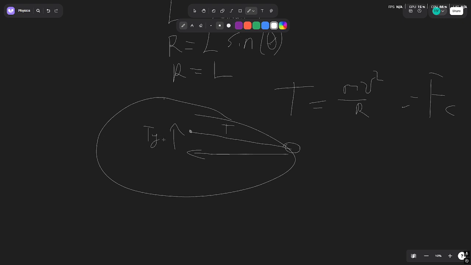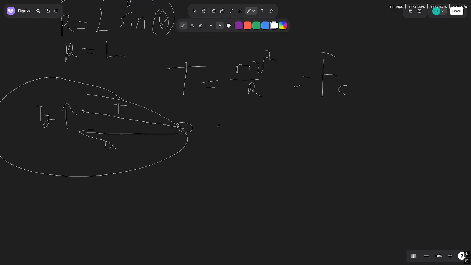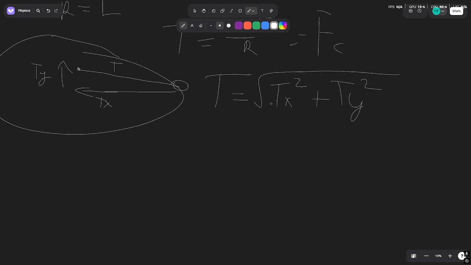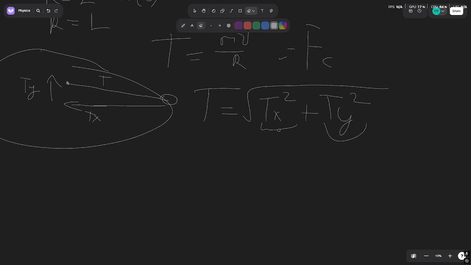This is ty, tangent y, and tangent x. So in this case, tangent equals the root of tx squared plus ty squared. How can we find these amounts?